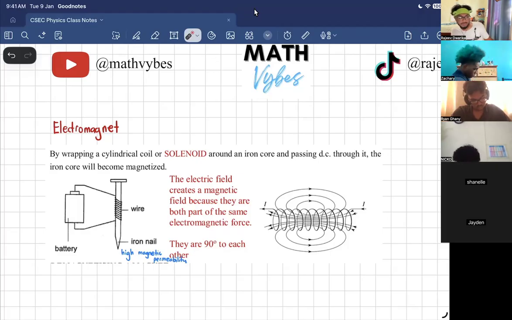The voltage will change periodically, but mainly the current. Chanel, if it's alternating current, the direction of the current changes periodically. And if the direction of the current changes periodically, then what would change periodically as well? The magnetic field. Exactly, good.